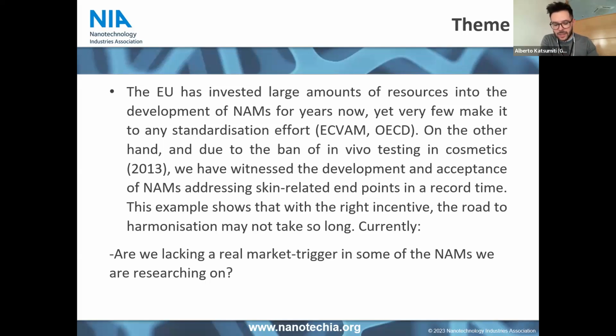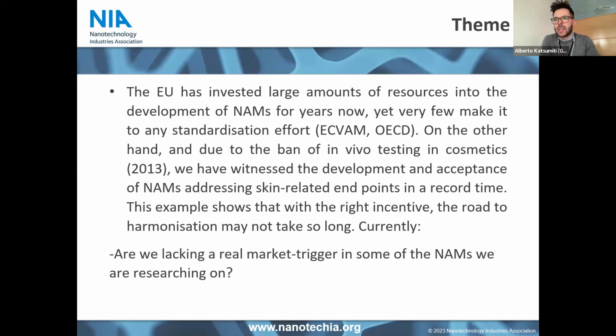So, for example, in our case, in the iCare project, we are in a very initial phase of the development of this standard. Right now we want to have a very solid base for the methods that we're developing. But we're pretty sure that during the time of the project, we won't be able to finalize. Luckily, we will maybe be able to submit this to ECVAM at the end of the project.